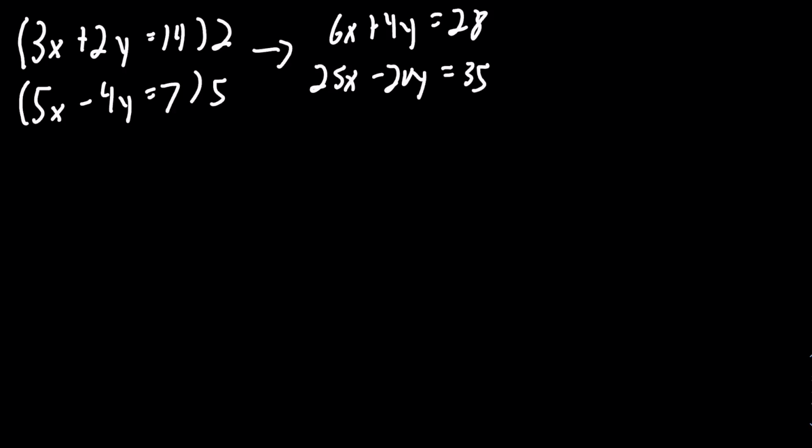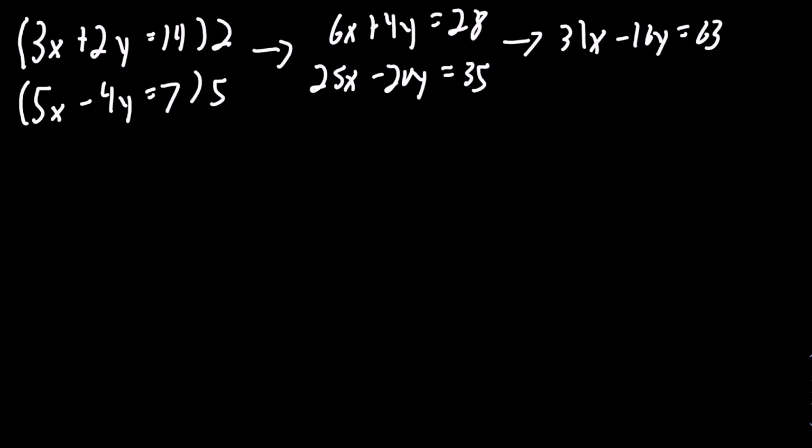Now, let's add these two equations together to eliminate y, which yields the single equation of 31x minus 16y is equal to 63.